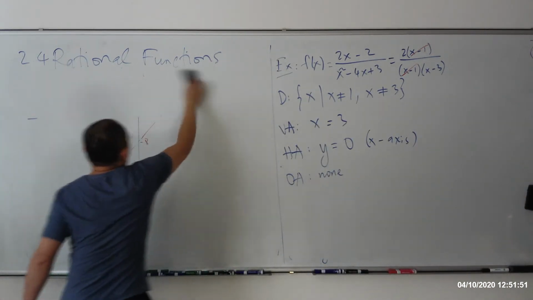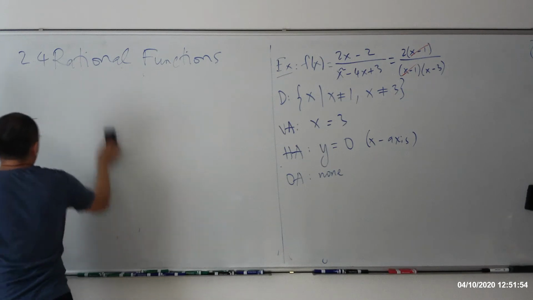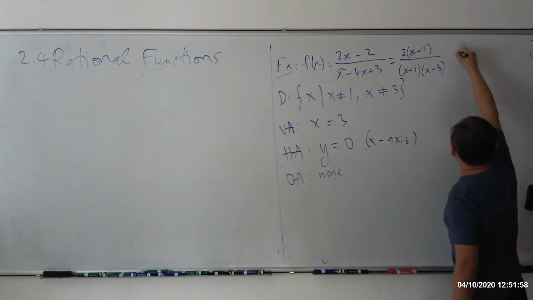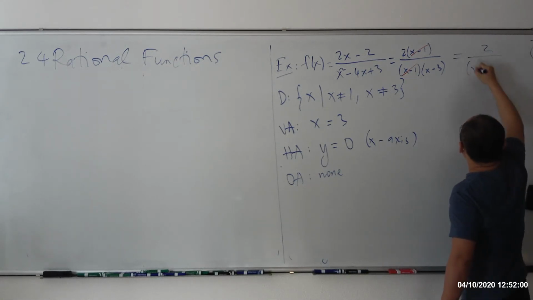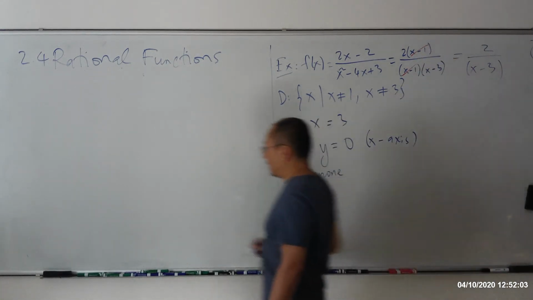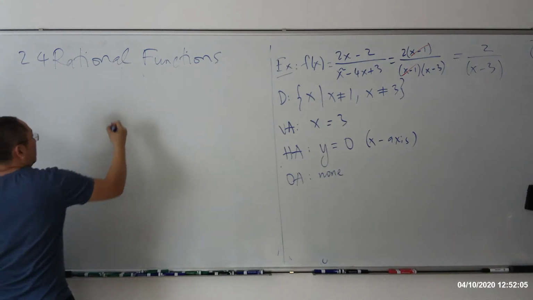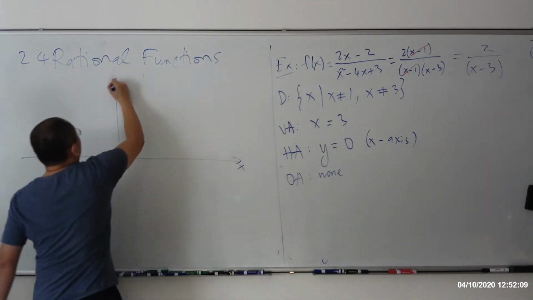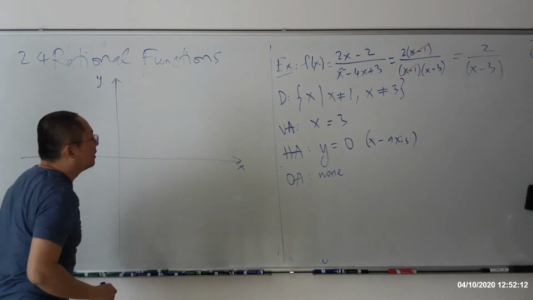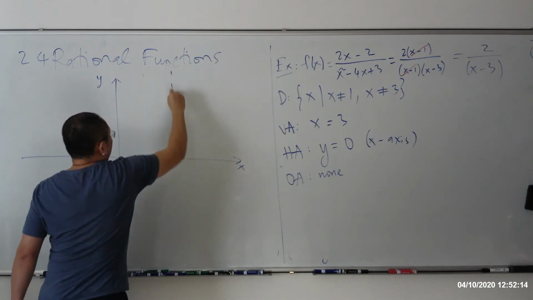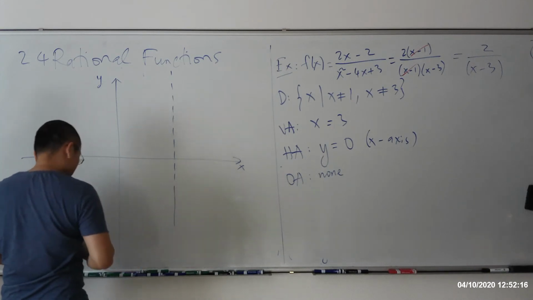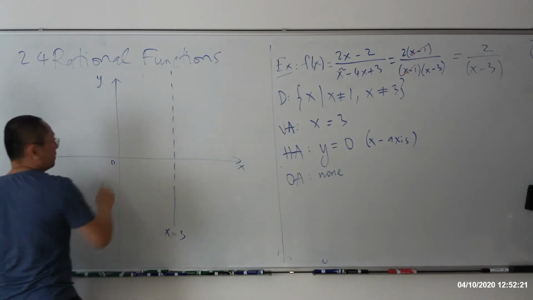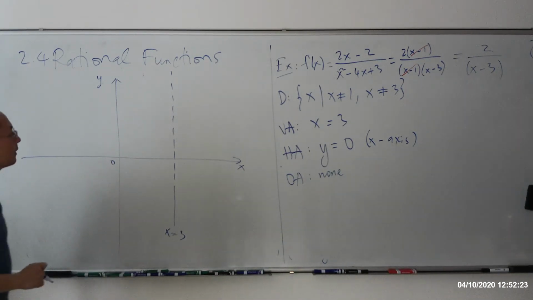I want you to think of this function, 2 over x minus 3, okay? Because when I cancel out the x minus 1, what happens? X-axis, y-axis. This is a line x equal to 3 right here, 0 right here, okay?